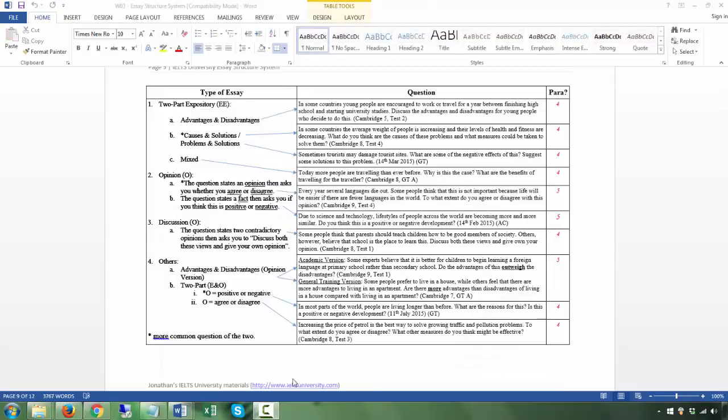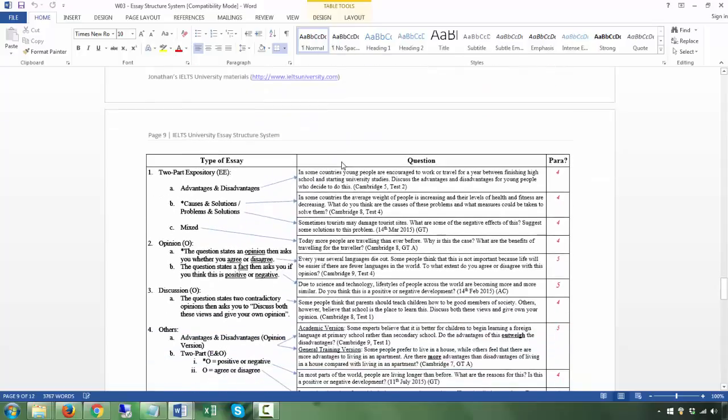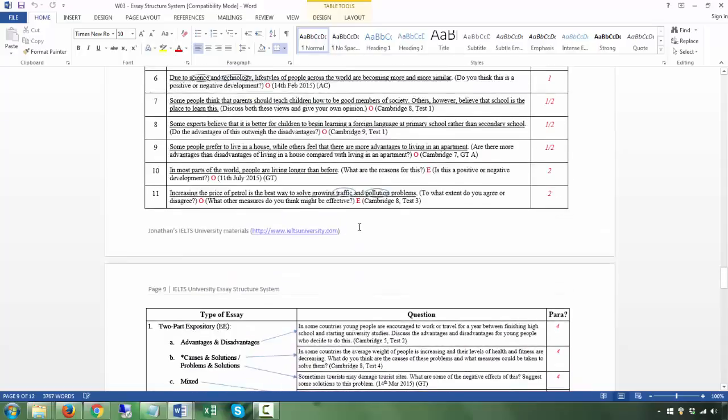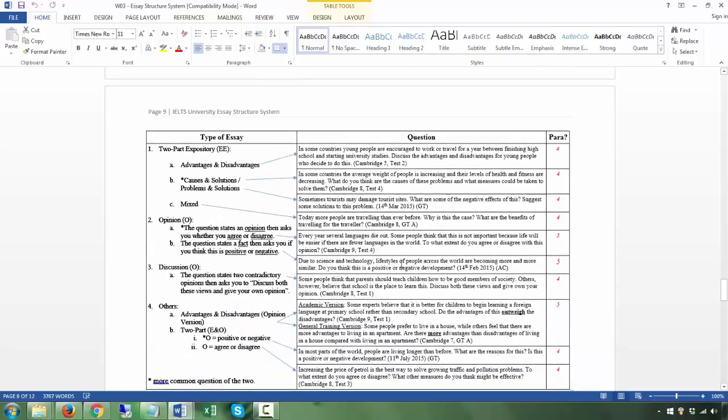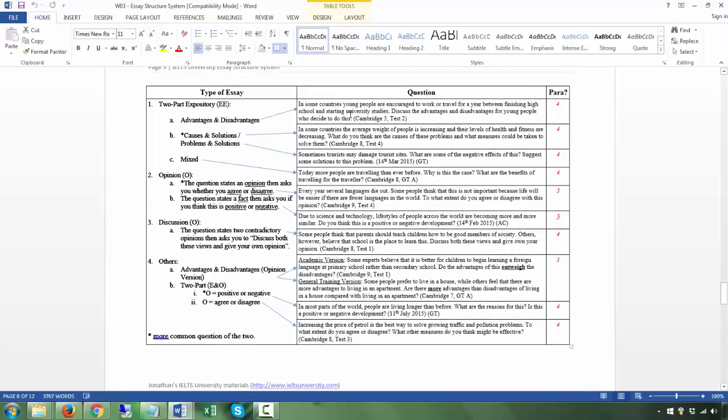All right. This exercise is really to write the number of paragraphs for each of the different kinds of questions. As you can see, all these questions are questions that we've already gone through before, and they're all here, divided and categorized into 1, 2, 3, 4, and its subcategories.